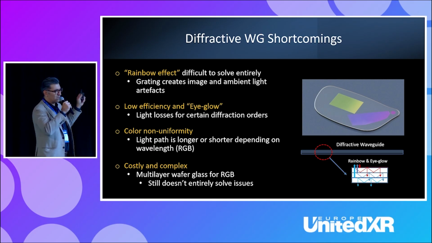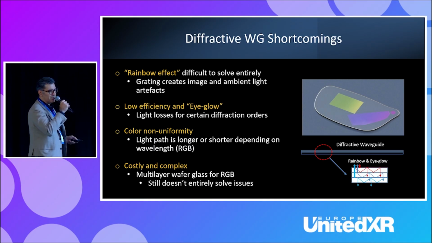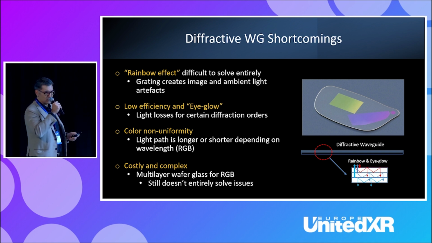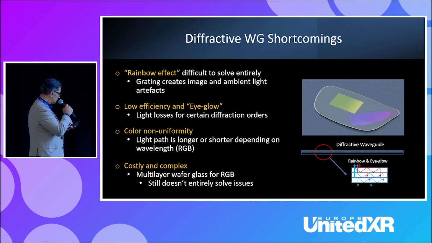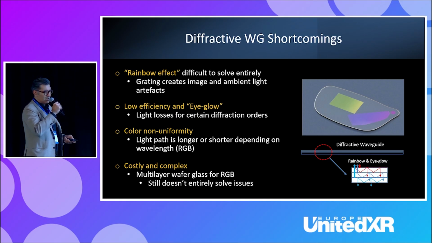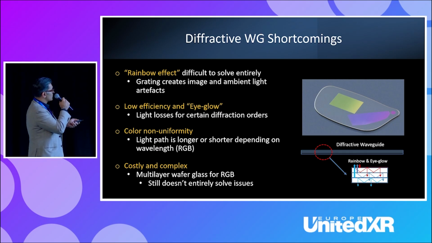They have to be very, very precise. We're talking about nanometric structures that have to be either imprinted or etched onto glass substrates, okay? And there's multi-layer wafer glass, which again makes things more complex, but still doesn't entirely solve some of these issues.